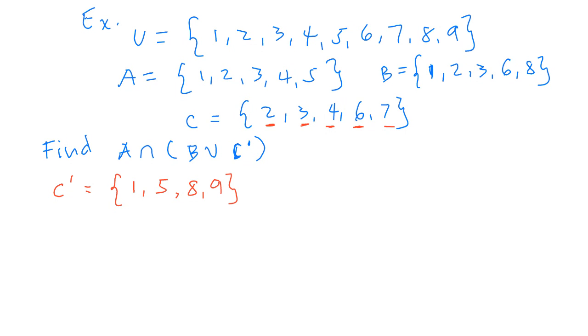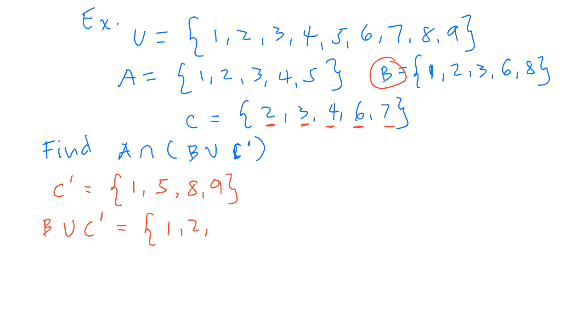And then we have to work on B union C naught. So we're just adding the two. We already have our C prime, or C complement. So that would be the union. What's our B? We have a 1, 2. We're looking at our B. Our B is here.